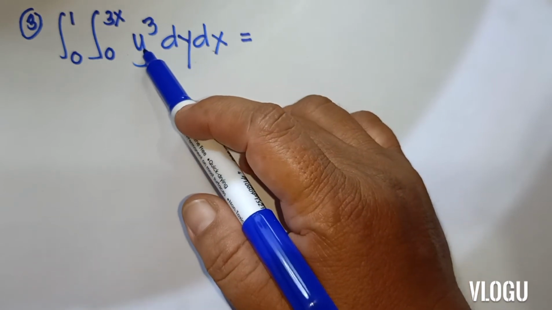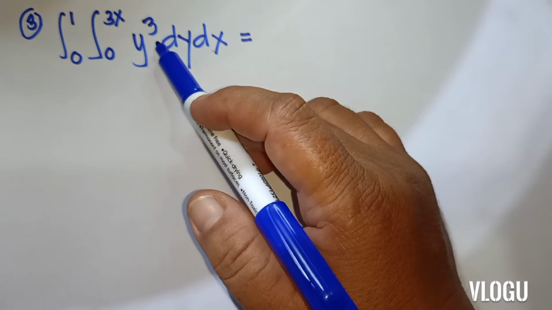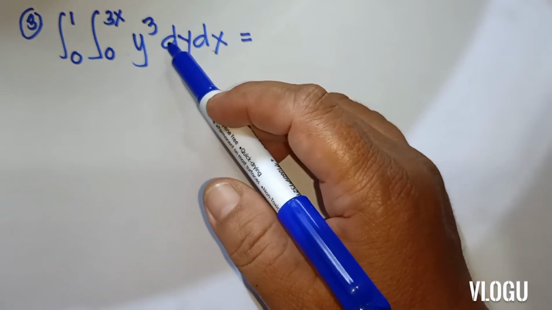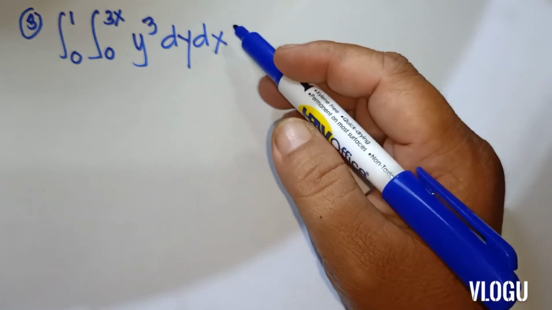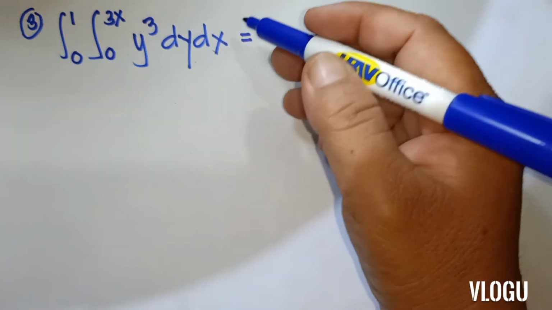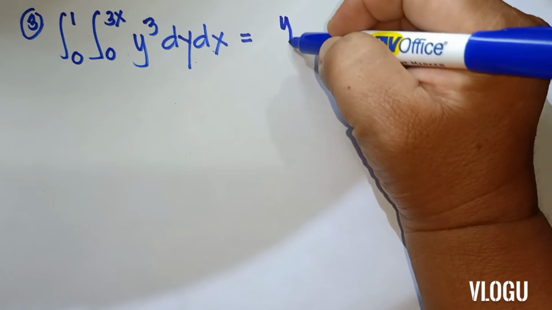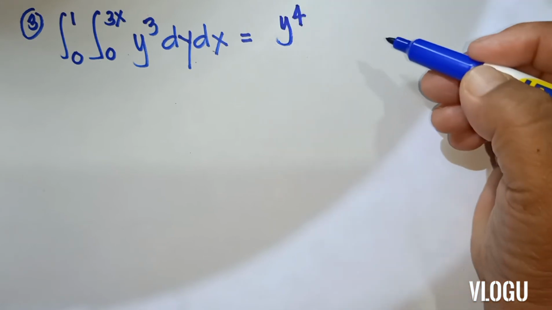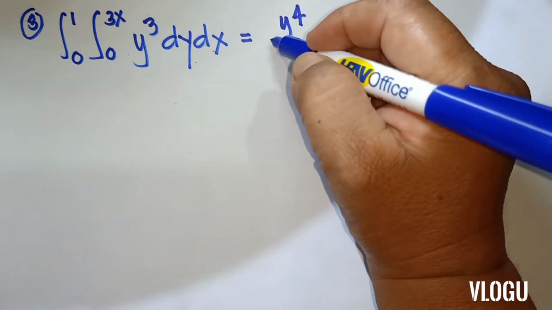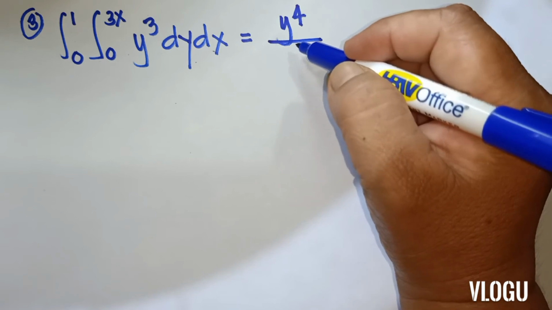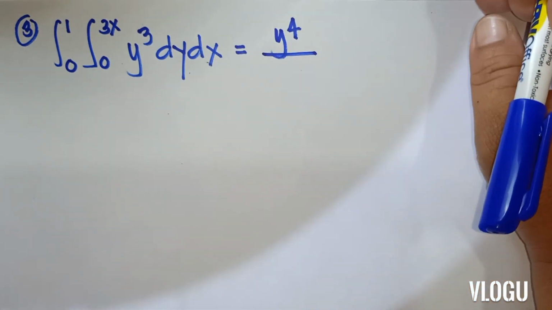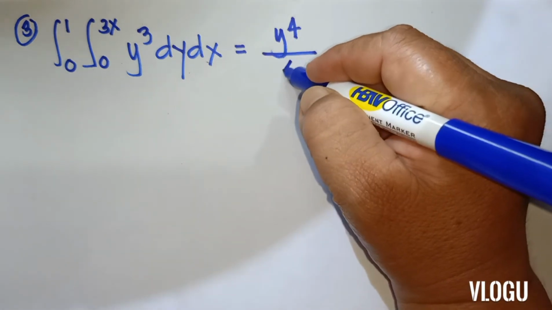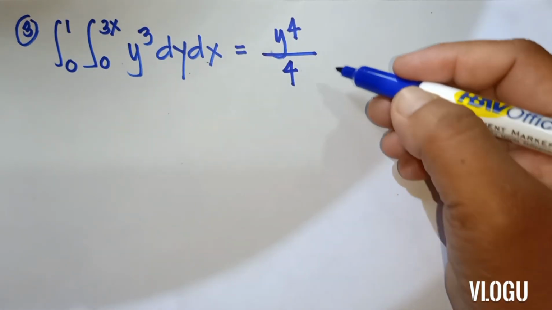So when you evaluate y cubed in terms of dy, your answer will be y to the fourth over 4.